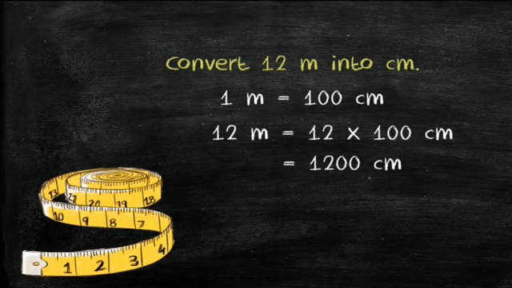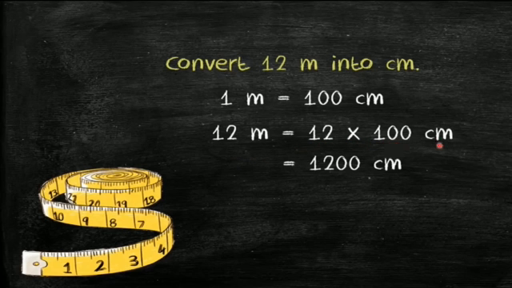Let's see an example of it. Convert 12 meter into centimeter. As we all know the formula, 1 meter is equal to 100 centimeter. And here it is given 12 meter, and we have to convert it into centimeter. That means by applying our formula, 12 multiplied by 100.